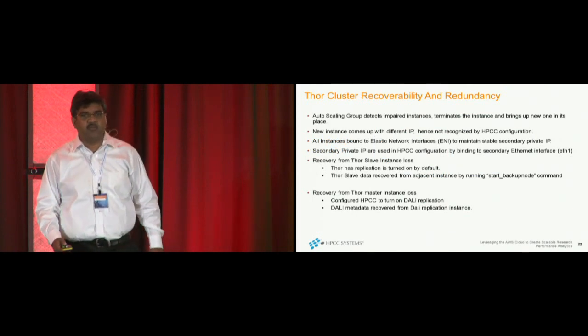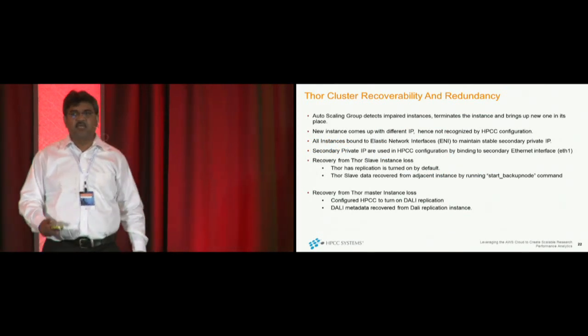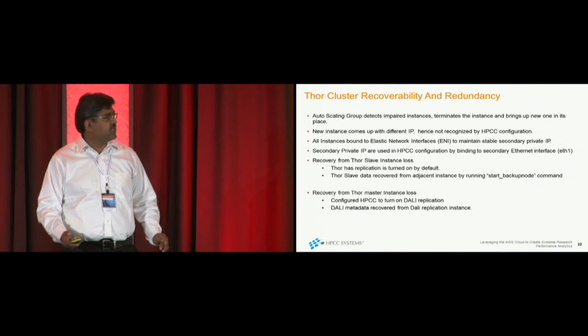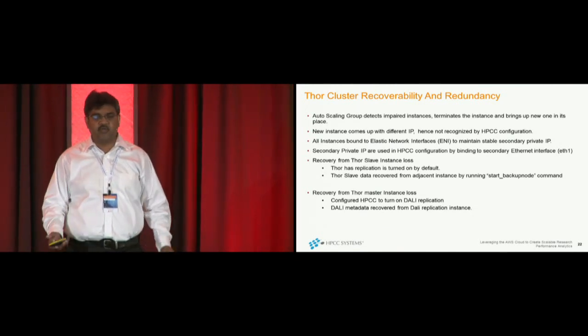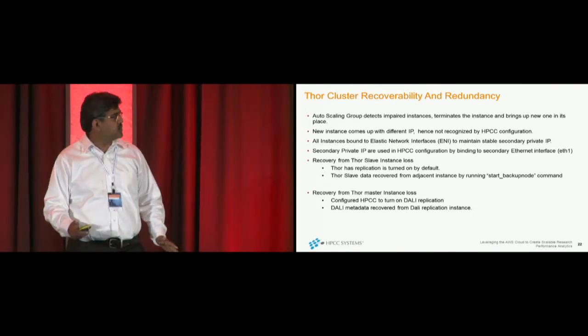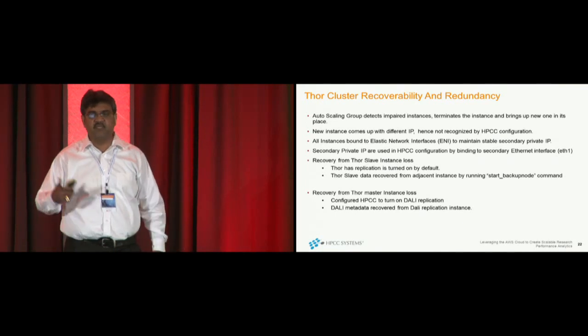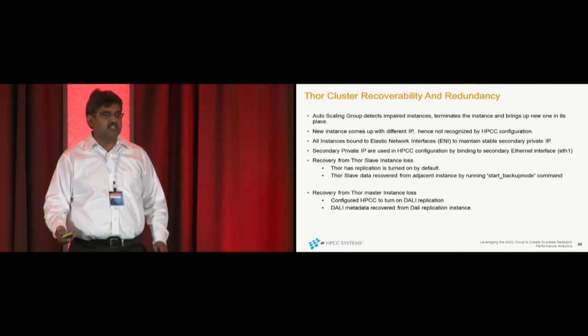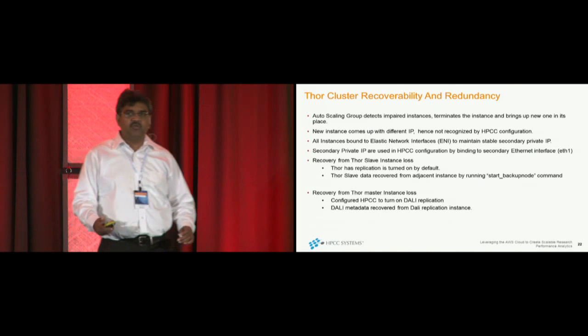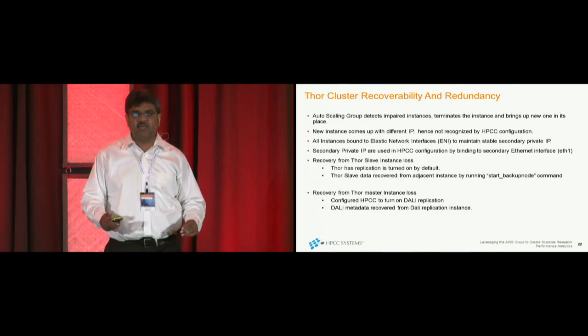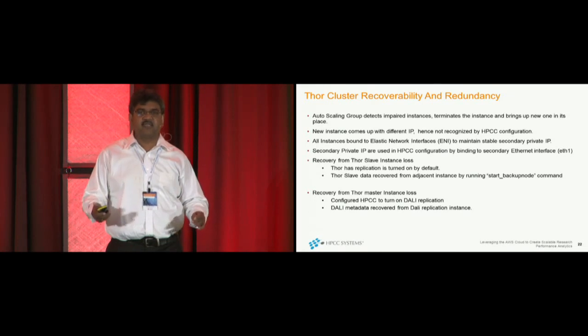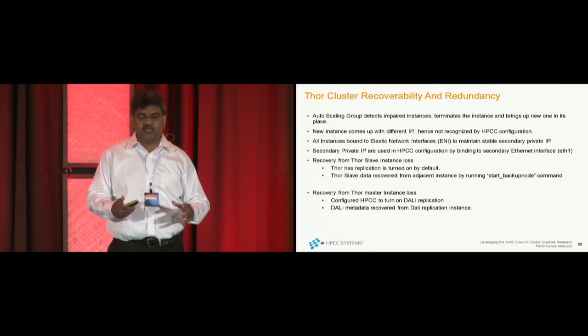Next, I'll be talking about recoverability and redundancy. Like I mentioned earlier, we put all the EC2 instances in an auto-scaling group, and it manages those instances and terminates them and brings a new instance in its place when there is an issue. However, the new instance comes back with a different IP, and hence the HPCC configuration was not recognizing it and it was not getting absorbed back into the cluster.